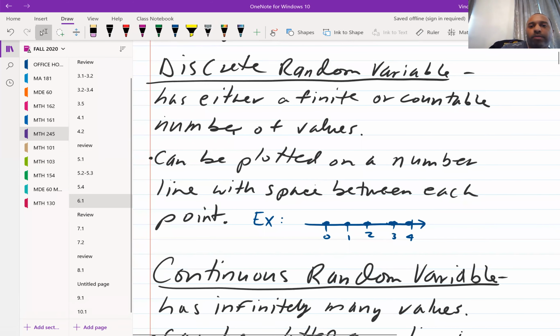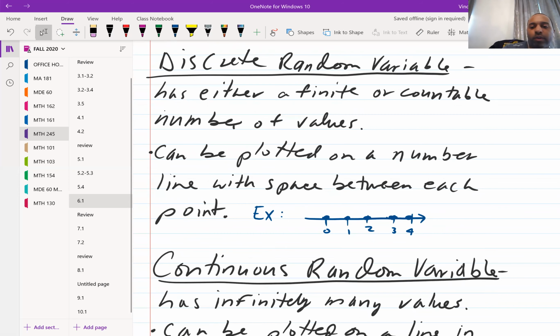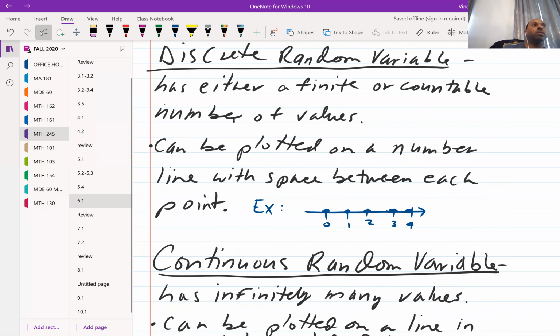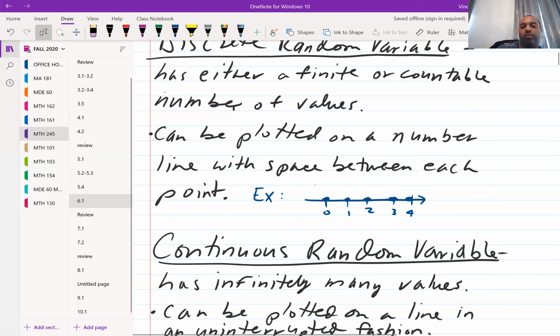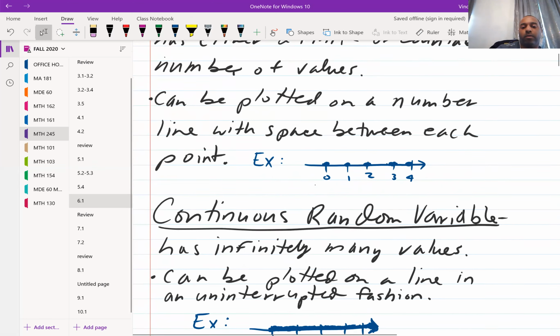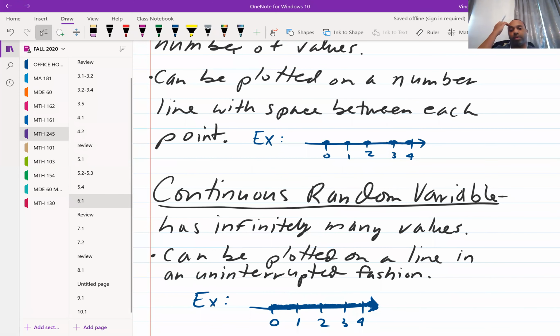So that was discrete random variable. Then we have a continuous random variable. That's a little different. It has infinitely many values, and it can be plotted on a line in an uninterrupted fashion.